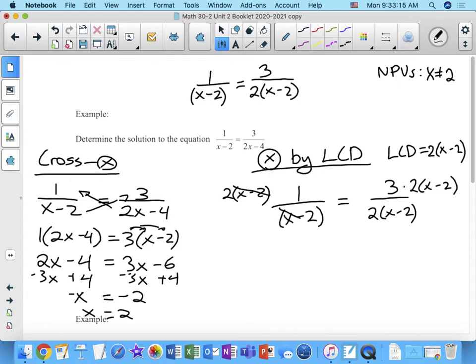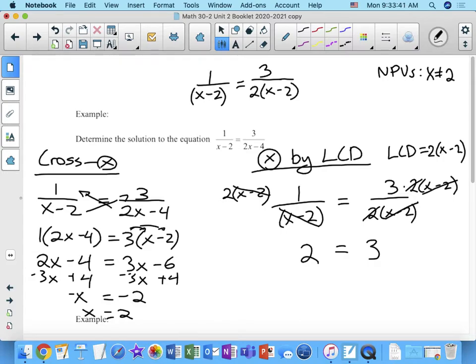So what am I left with on the left? 2 times 1, which is 2. Okay. On the right side, everything cancels, right? So the 2's cancel, and the x minus 2's cancel, and what am I left with? 3. Huh. That's interesting. 2 equals 3.